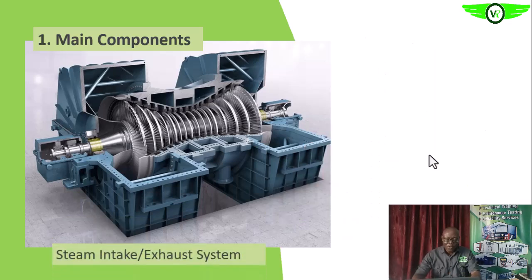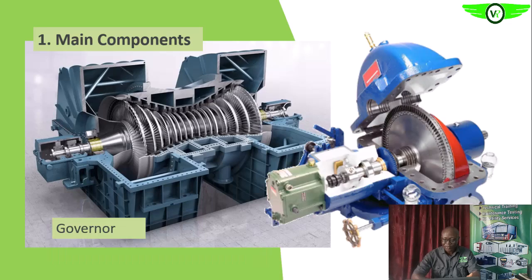Okay. So we have the steam intake system, where the steam is administered into the steam turbine, and the exhaust system, which is the discharge of the steam that has done its work. The steam with low energy goes out of the turbine through the exhaust system. Here we have this low pressure turbine.